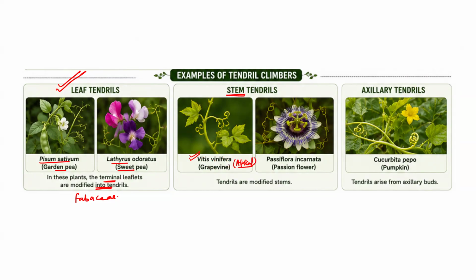So it is known as a stem tendril. Now, Passiflora, passion flower, is also one in which the bud is becoming a tendril. Now, if an axillary bud is becoming a tendril, the example is Cucurbita pepo, which arises from the axillary bud. So these are a few examples of tendril climbers.